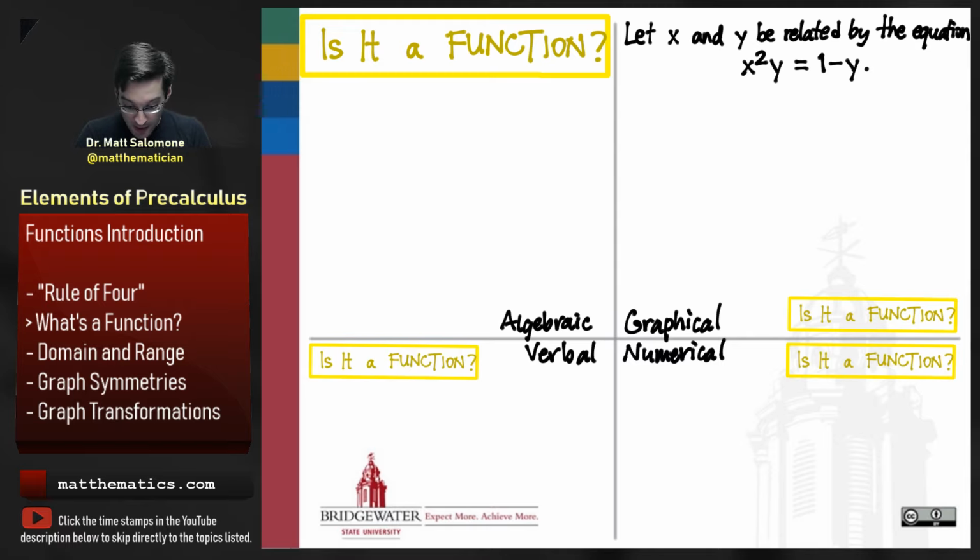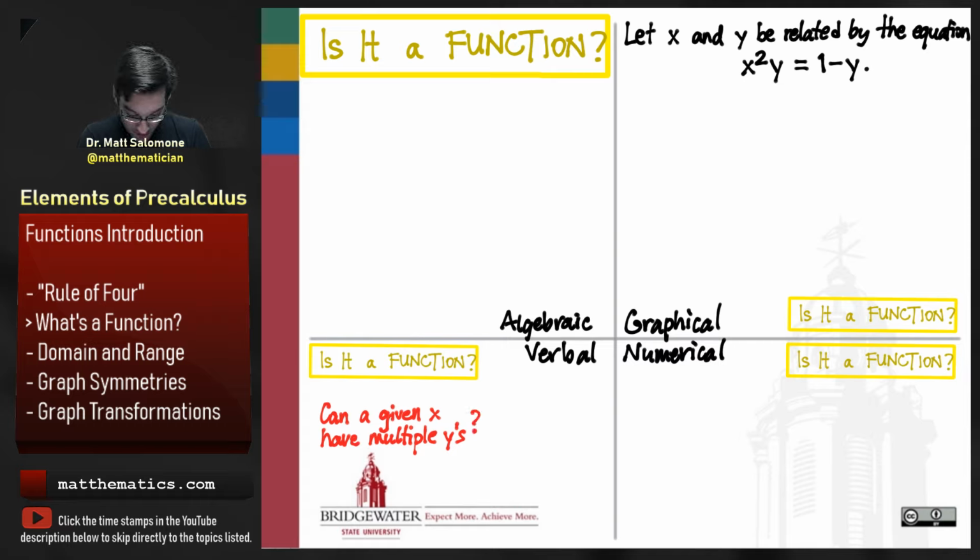Okay. And again, the question of whether y is a function of x is really the question, can a given x have multiple y's? More than one, in other words, two or more y's.